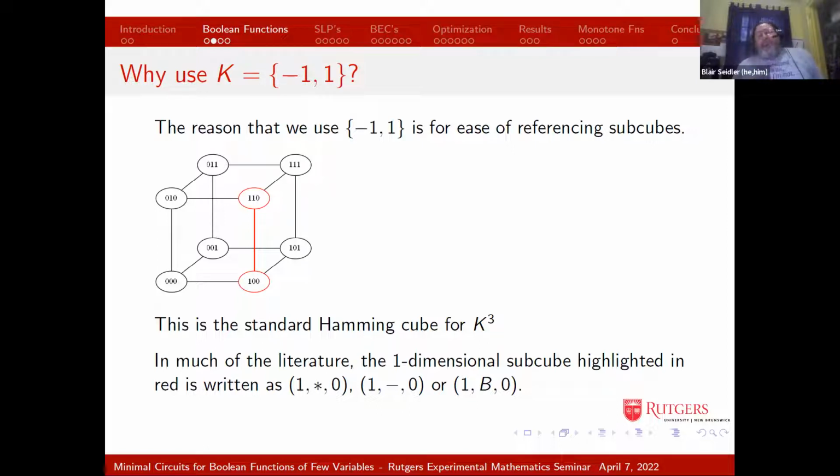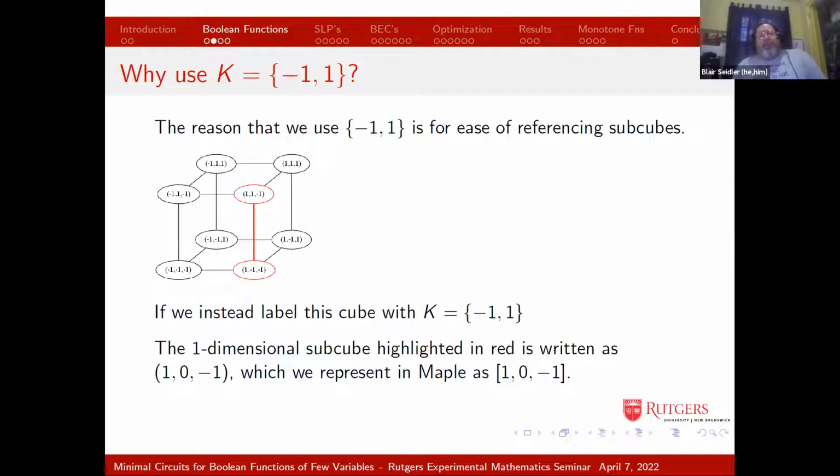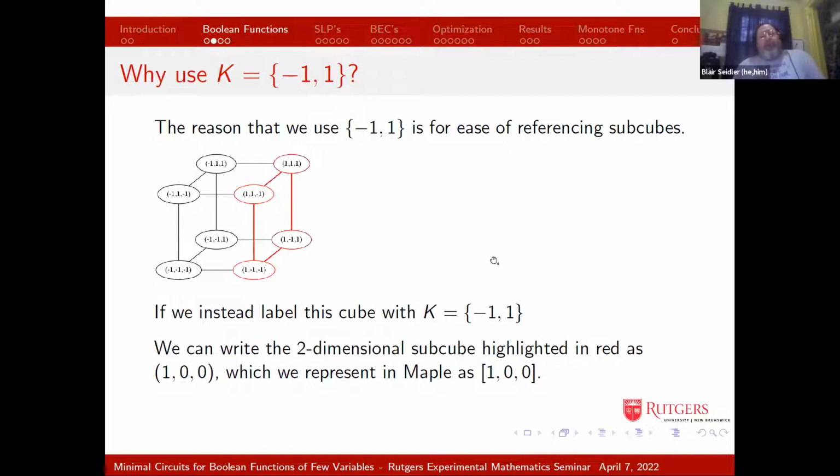But I don't like having weird characters in my vectors. By using -1s instead, I can use 0 to mean I don't care. So now that subcube is 1, 0, -1, which means x1 has to be true, x3 has to be false, and I don't care what x2 is. Also, if I go to a 2-dimensional subcube, that's now the subcube 1, 0, 0.